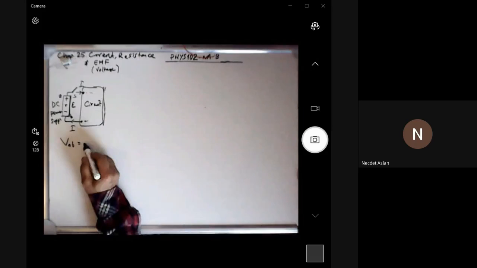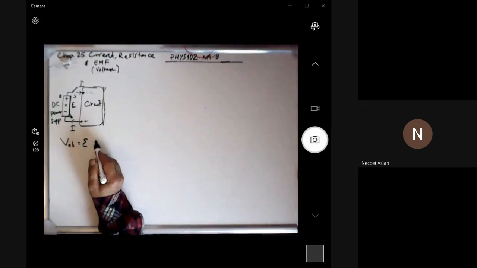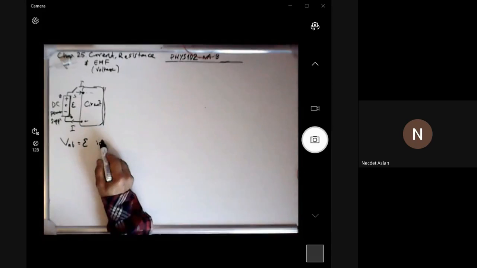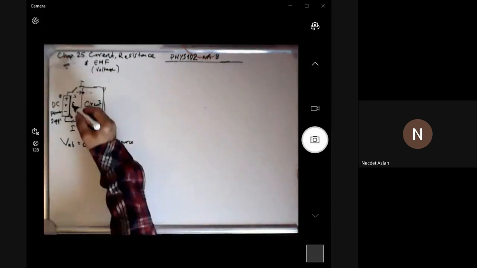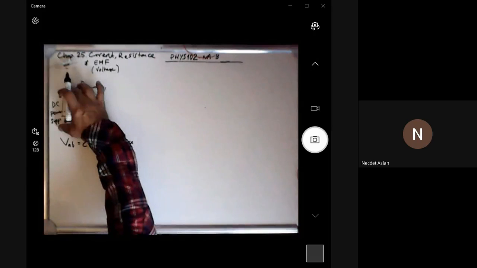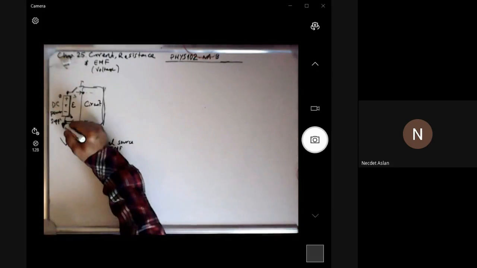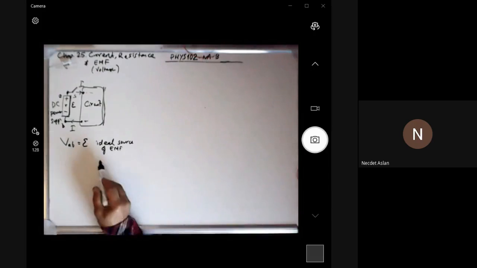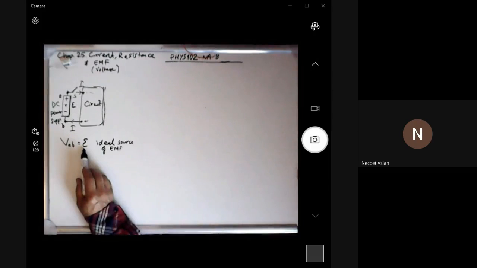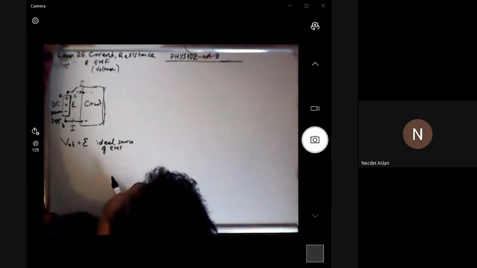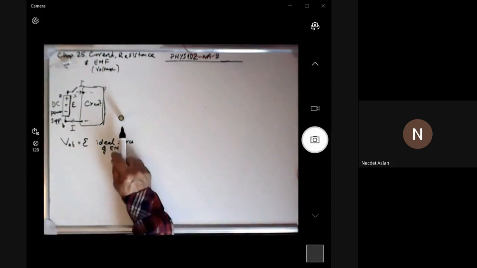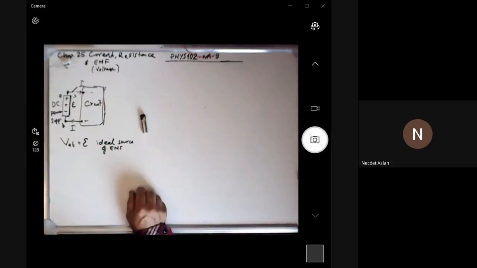VAB, or the potential difference, will be given as the electromotive force. So this is an ideal source of EMF or power supply. Ideally, the potential that it produces between points A and B is going to be just the EMF of the power supply. For instance, these batteries have an EMF of 1.5 volts.